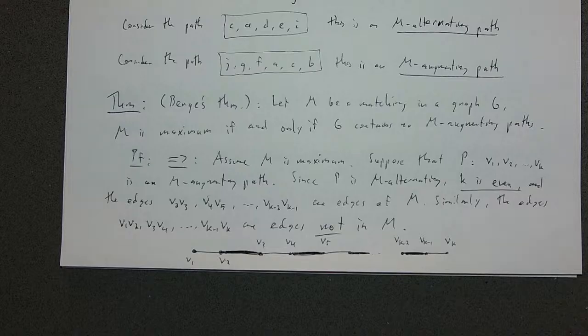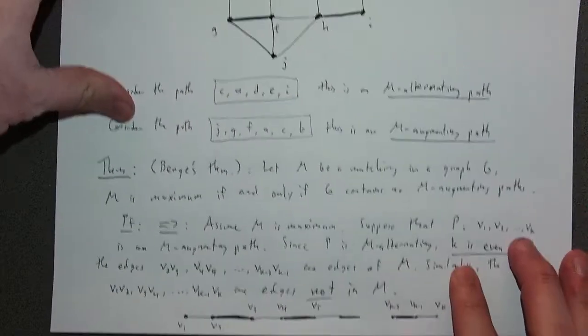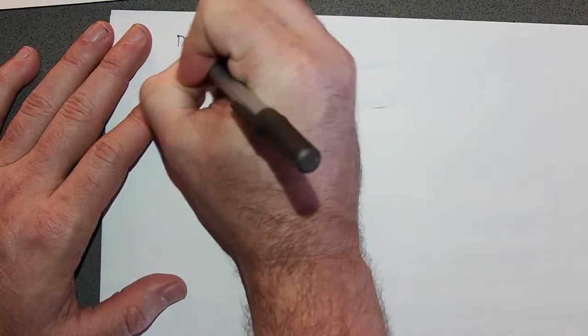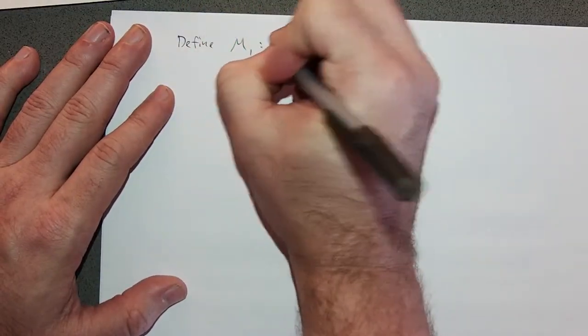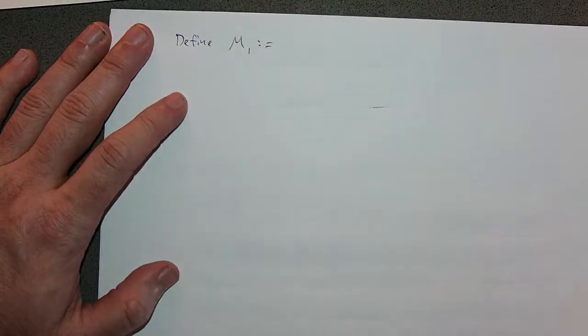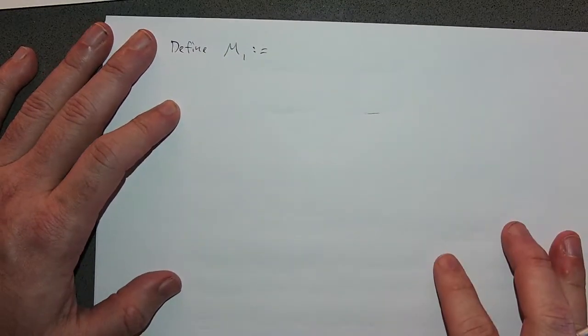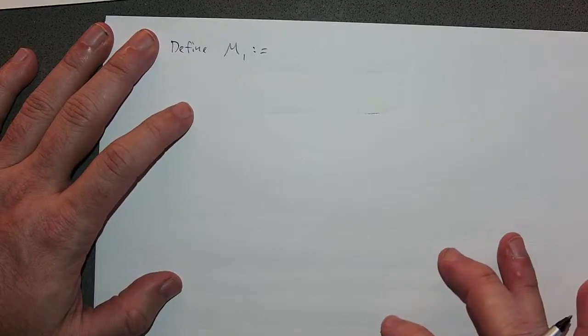Let's define another matching. So define M sub 1 to be the set of edges that looks like this.